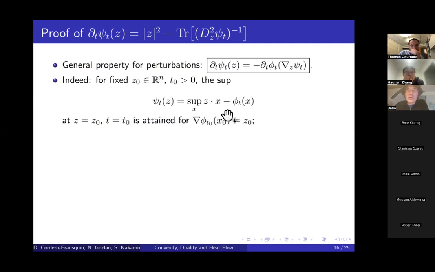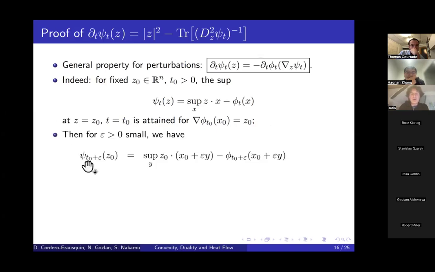Here I record the definition of the Legendre transform. I will fix a point z naught and t naught, and I will assume that this supremum is attained at the point x naught, which verifies that grad phi at t naught, x naught is z naught.